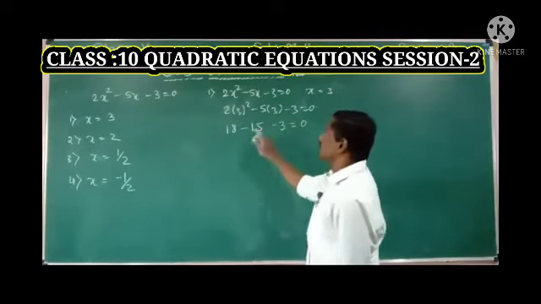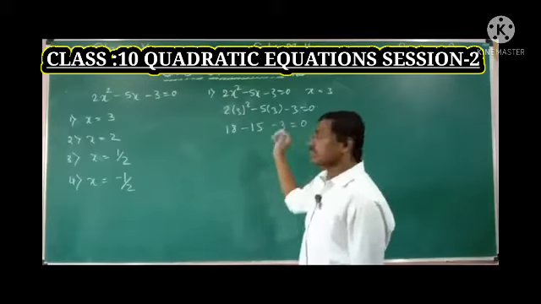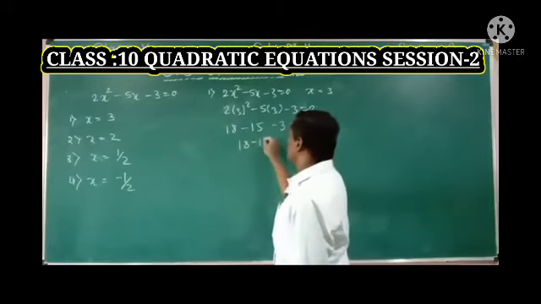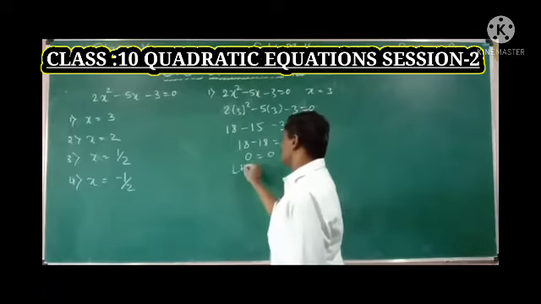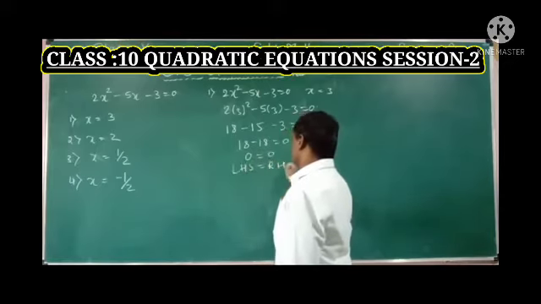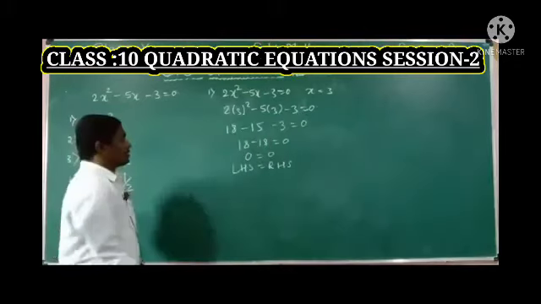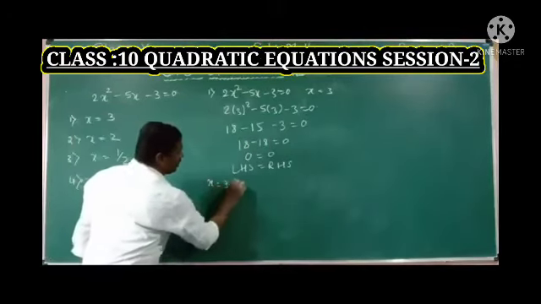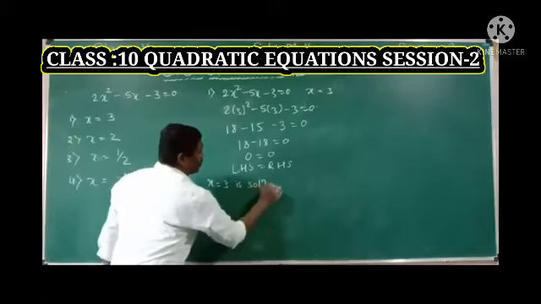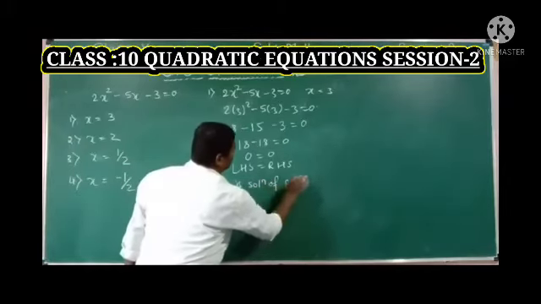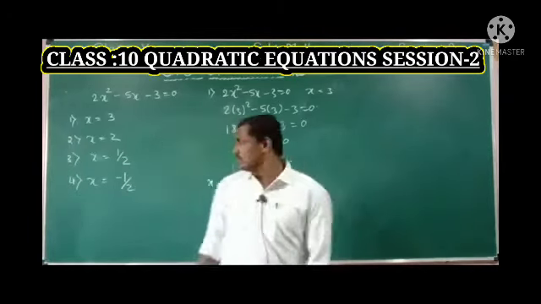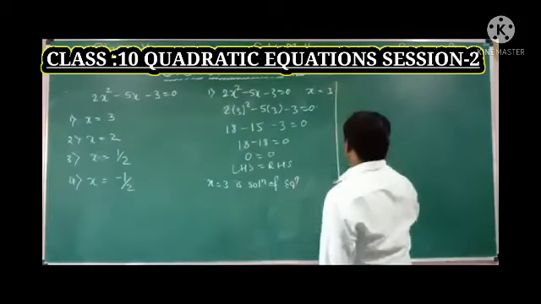Minus 15 minus 3 is minus 18, so 18 minus 18 is equal to 0. So 0 is equal to 0, means LHS is equal to RHS. So x is equal to 3 is a solution of the equation, right?